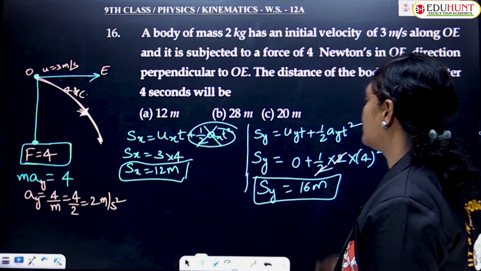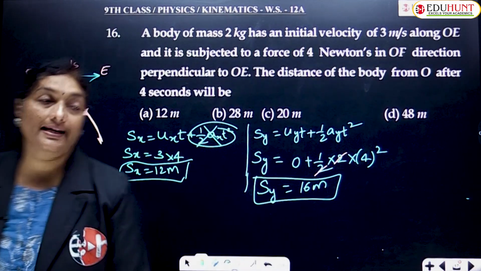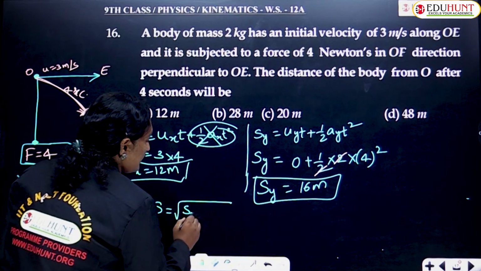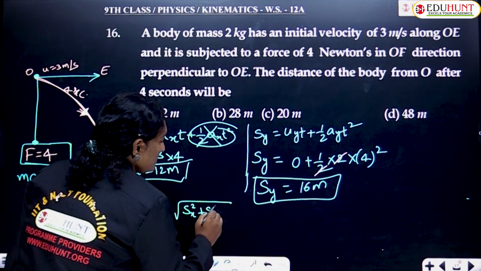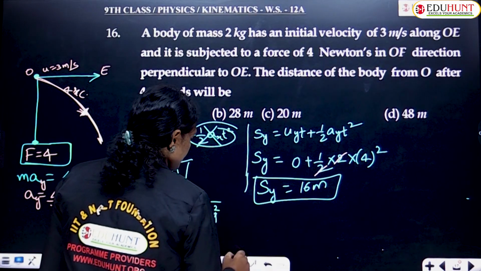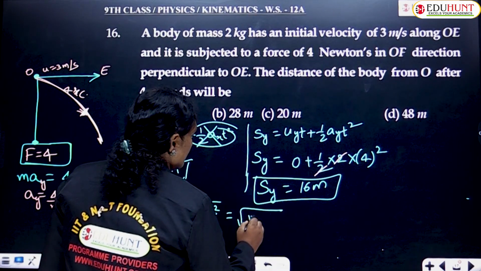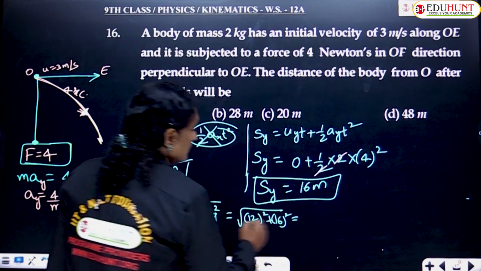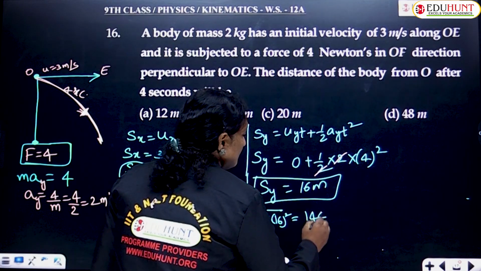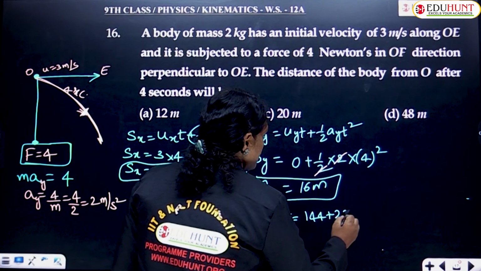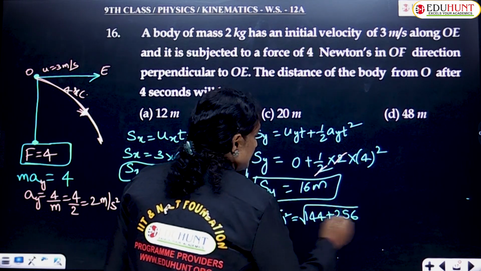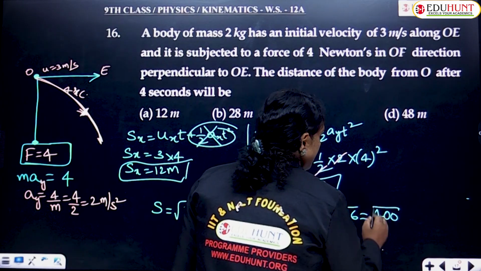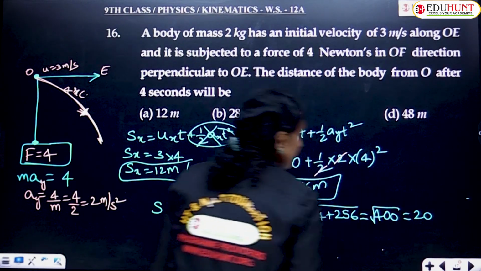Now the net distance covered by the body is the resultant of the two. Therefore, the net resultant is equal to root over Sx square plus Sy square. This is root over 12 square plus 16 square. 12 square is 144 and 16 square is 256. This is root over 400, and root over 400 is nothing but 20.